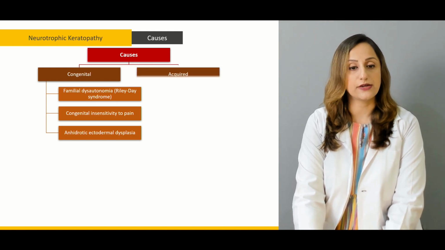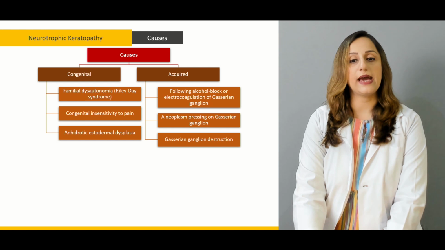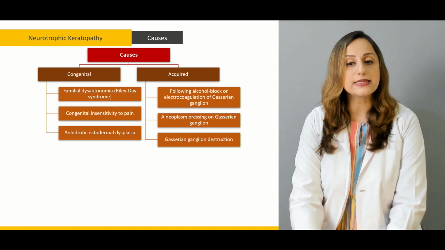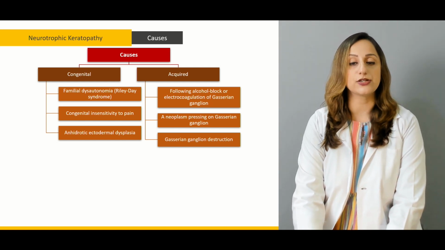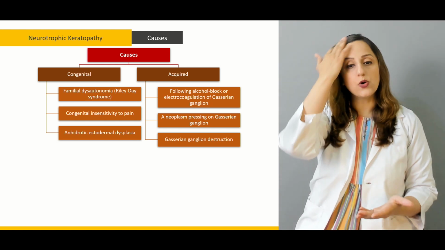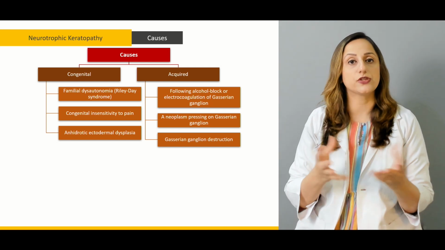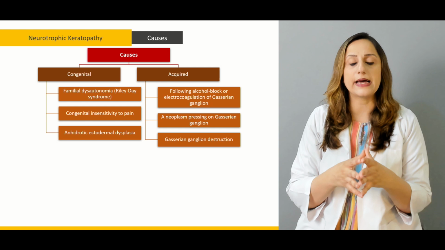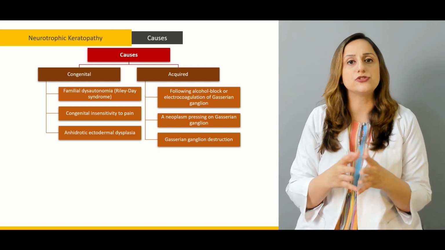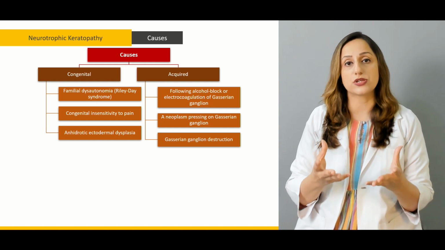this congenital kind of neurotrophic keratopathy. The acquired conditions, in this state, can follow the alcohol block or the electrocoagulation of the Gasserian ganglion. This alcohol block or electrocoagulation can be a part of another treatment, for example, in trigeminal neuralgias or even in neuralgias associated with herpes zoster.